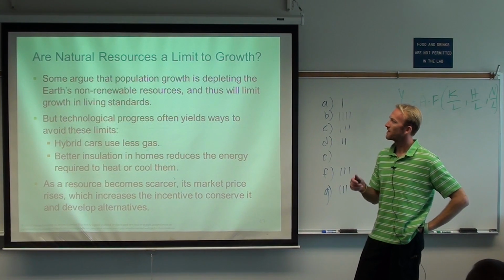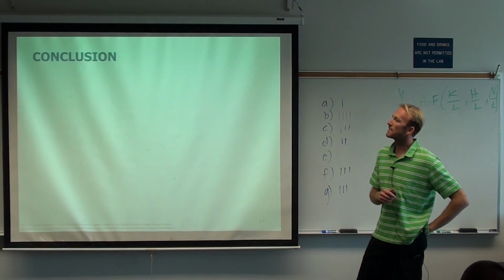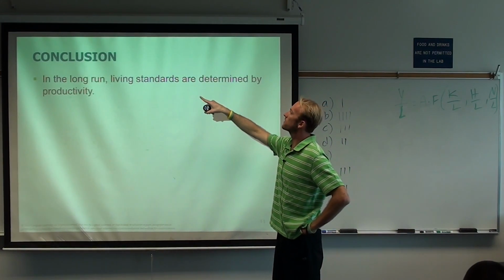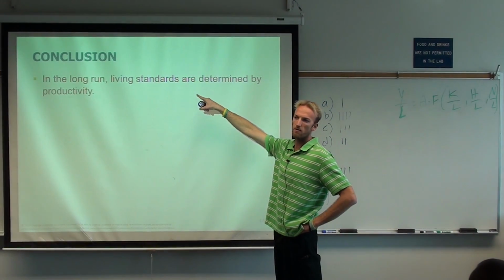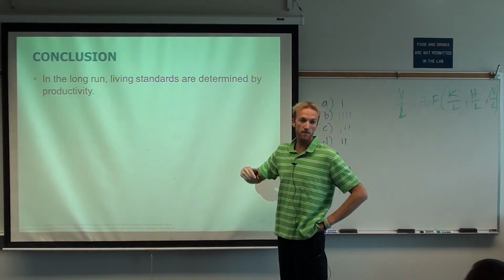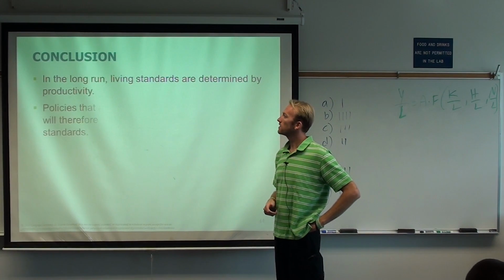All right, so finally, in conclusion, in the long run, we know that living standards, how people are existing, are determined by their productivity, which we measure as Y over L. Okay?